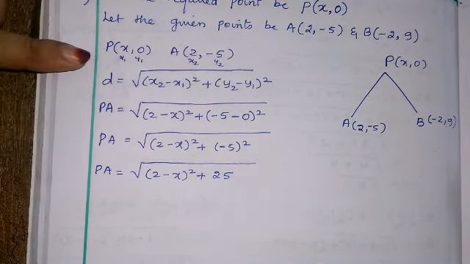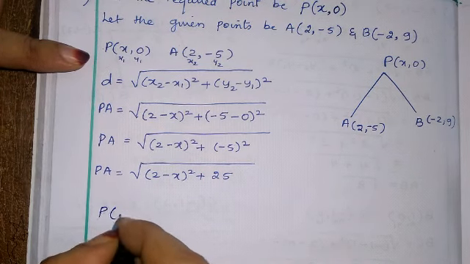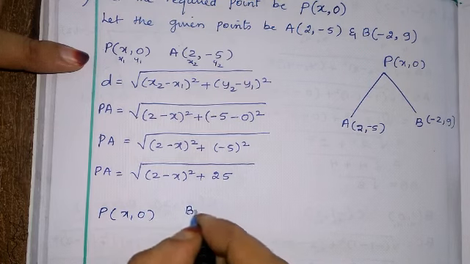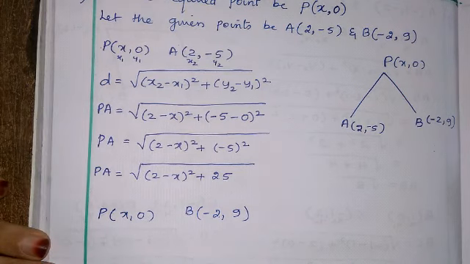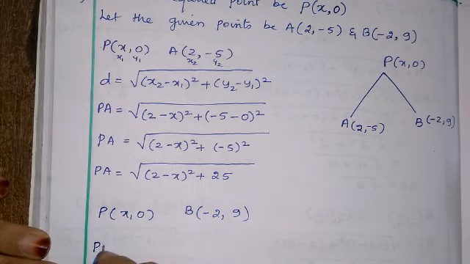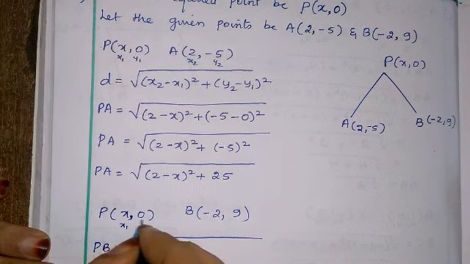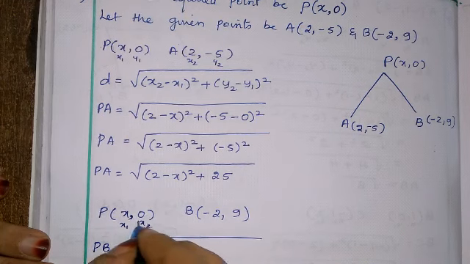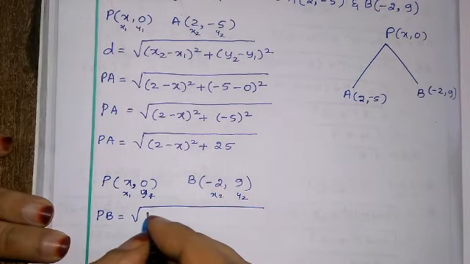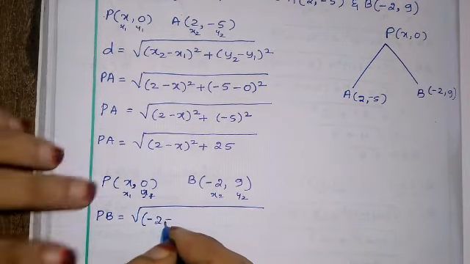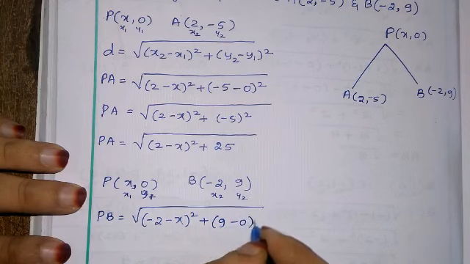Now let us see what is PB. P point is (x, 0) and B point is (-2, 9). Let me substitute in the formula.